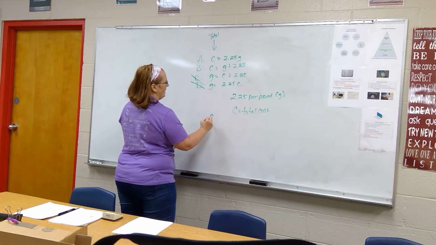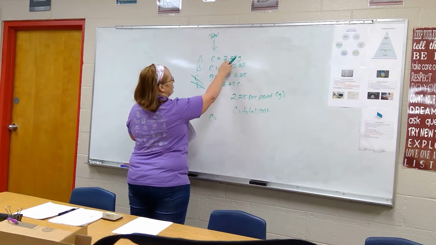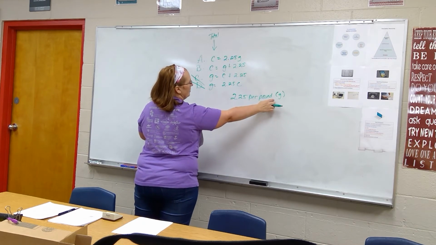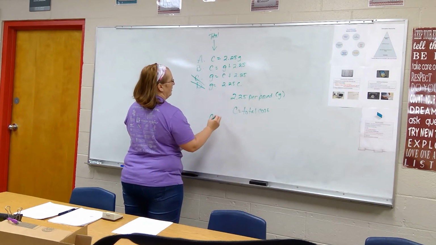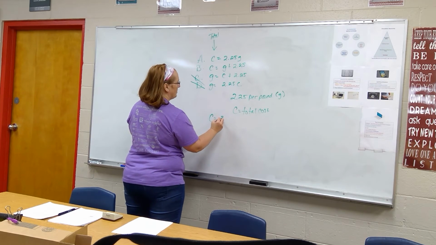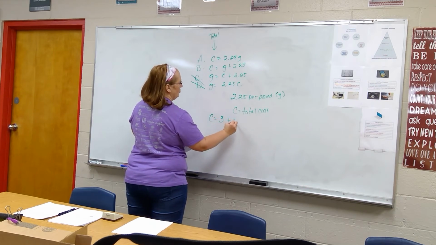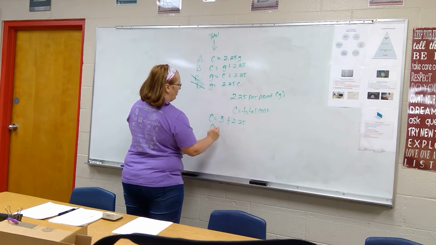So you have C equals, then is it going to be 2.25 times the number of pounds or the number of pounds plus 2.25? If I buy 3 pounds of grapes plus the 2.25, my total cost is going to be 5.25.